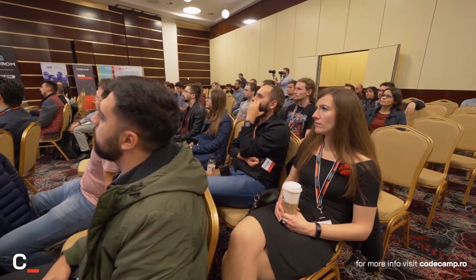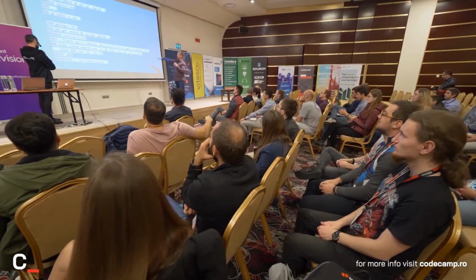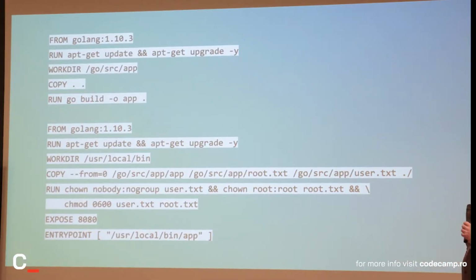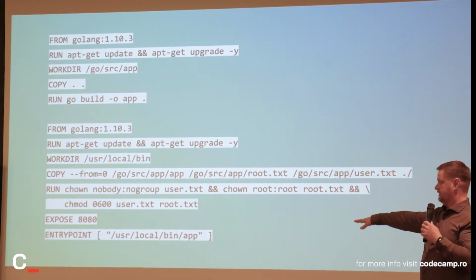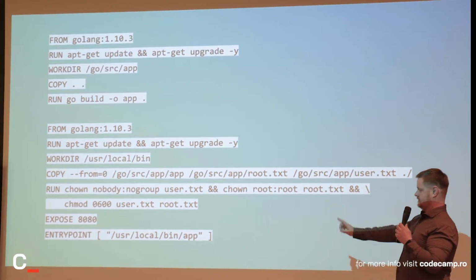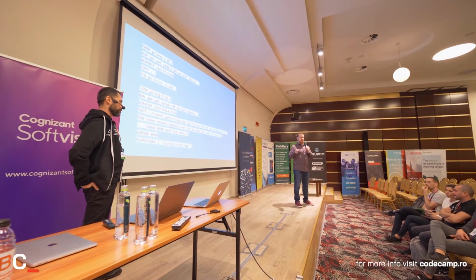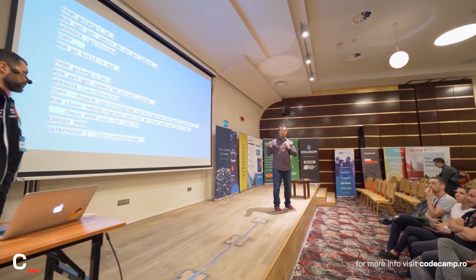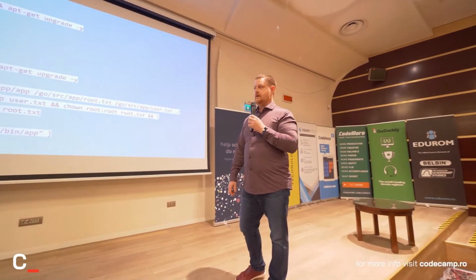We built it, and then we take the next thing, which is another sealed jar, create the work directory, we're copying in the binary and a couple files, we run a couple more Linux commands, and we're exposing the port, and then we have an entry point. One thing that we're not doing, which I don't like inside this container, is we're running as root, but that's beside the point. So in essence, it's a very small subset of actions, such as from, run, workdir, copy, entrypoint, etc. that you can execute within a container.